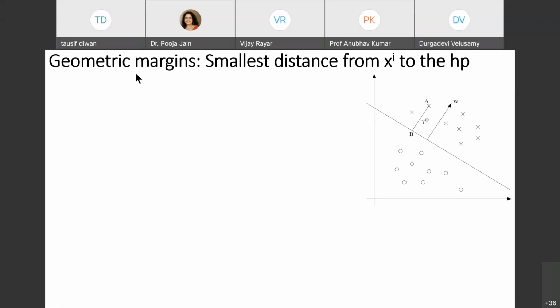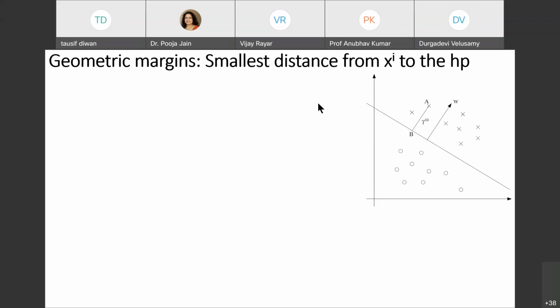Now in the geometric margin we calculate the actual value of distance. This is point A. What is the distance from this point A to the separating hyperplane? This is a perpendicular line to the separating hyperplane. We can consider the distance as AB. We will calculate this distance, and that distance is the geometric margin for this point A.